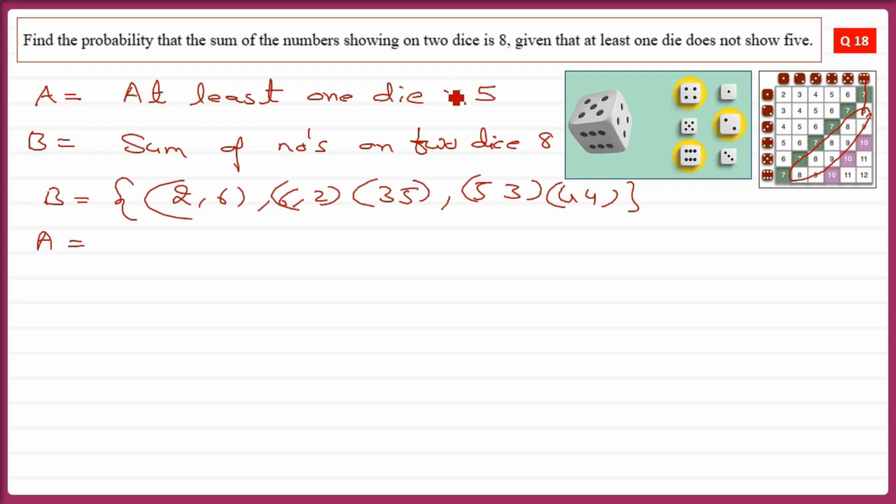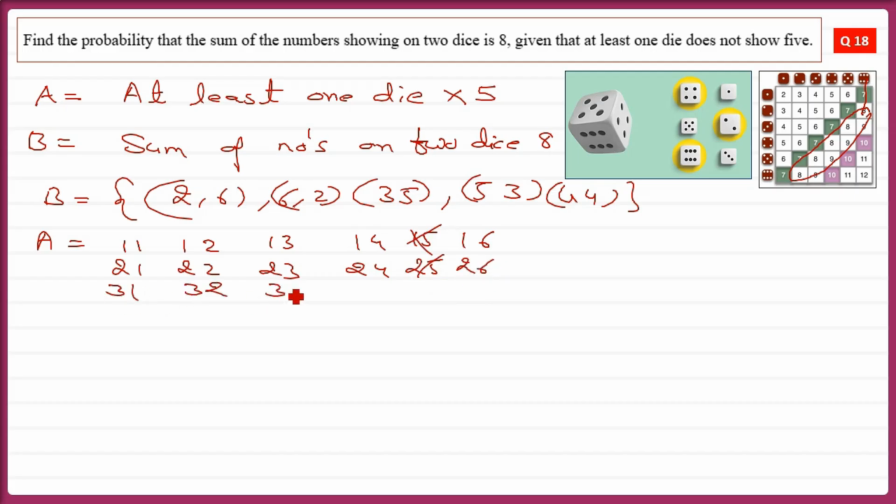Now what is A? At least one die is not 5. So make the whole sample space and just remove any entry with 5 in it. So 1, 1, 1, 2, 1, 3, 1, 4, 1, 5, 1, 6 will come, but 1, 5 you have to ignore in making A. Similarly 2, 5 has to be ignored, then 3, 5 has to be ignored.